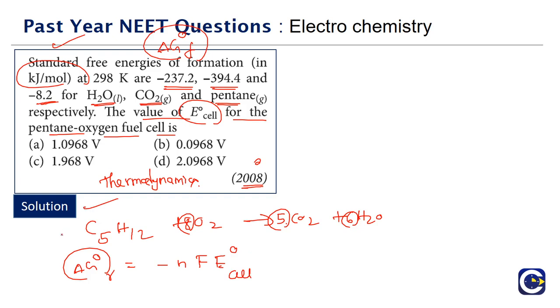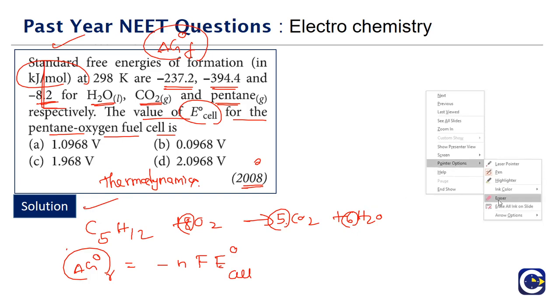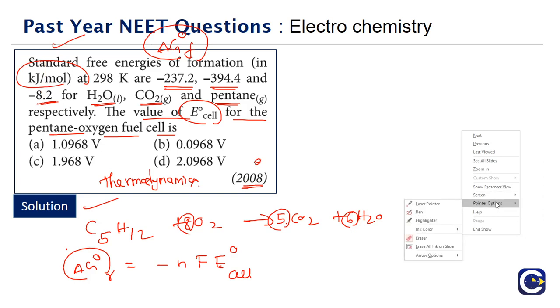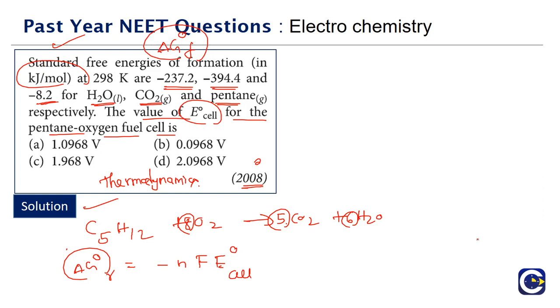So delta G naught for the reaction is equal to minus NF into the E naught for the cell. Before we go and do the substitution part, we are left with finding the delta G naught itself. For the given equation, we don't know the delta G naught.